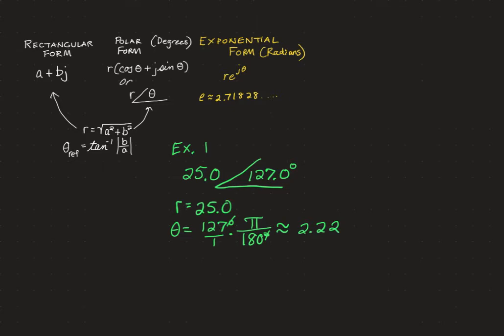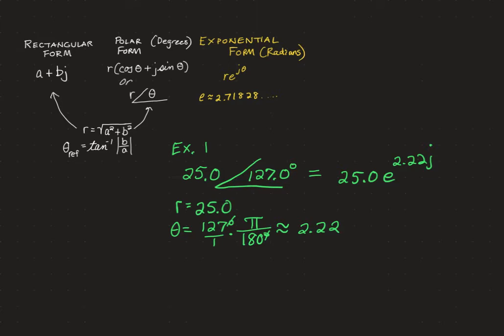Now we can rewrite our original complex number that was in the polar form in its exponential form. That's equal to r, which is 25.0 times e to the j times theta, expressed in radians, which we will, of course, rewrite because, as we've talked about before, when you are writing an imaginary number, the coefficient comes first, followed by the j.